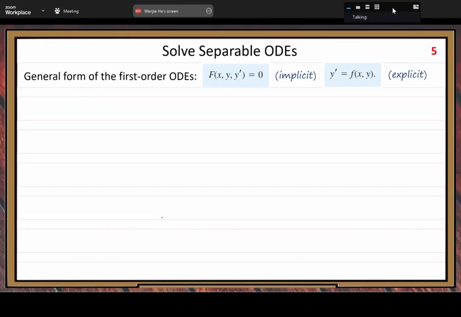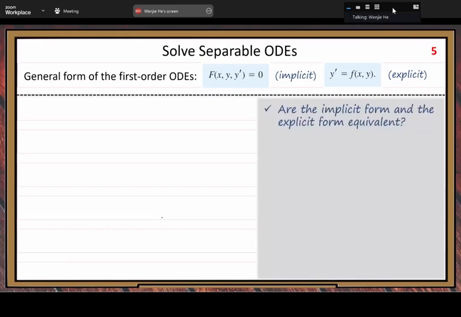For the implicit form, it is actually not equivalent. Most of the time you may not be able to convert an implicit form to explicit form. This one is easy, so we can convert it to explicit form easily.